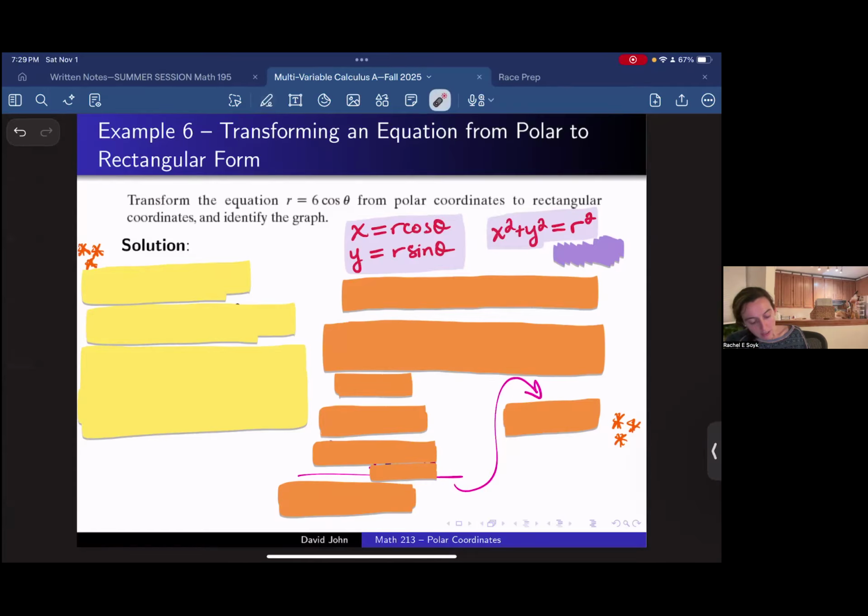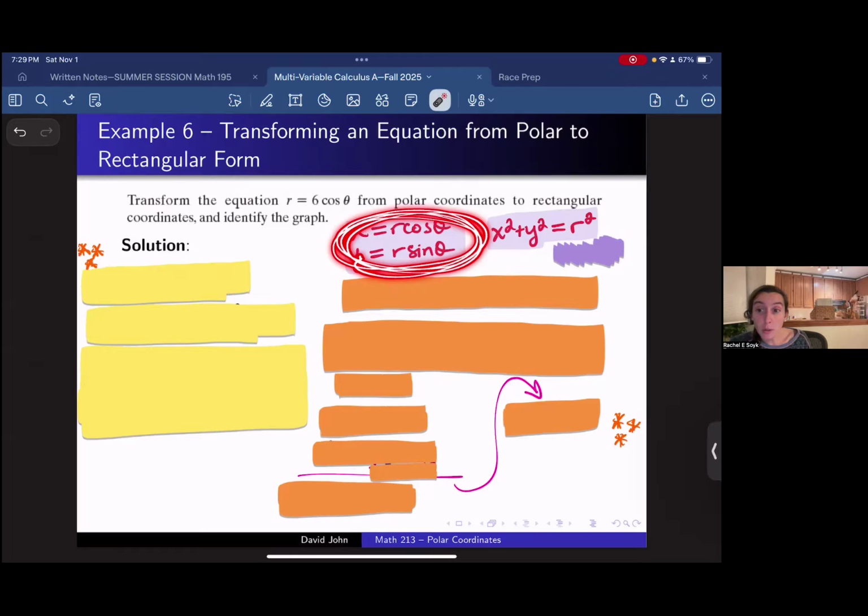We are asked to transform this equation, r equals 6 cosine theta, from polar to rectangular coordinates and then identify the graph at hand. So let's take a look at x squared plus y squared equals r squared from this perspective with our x's and y's. When we do that, we get r squared cosine squared theta plus r squared sine squared theta.